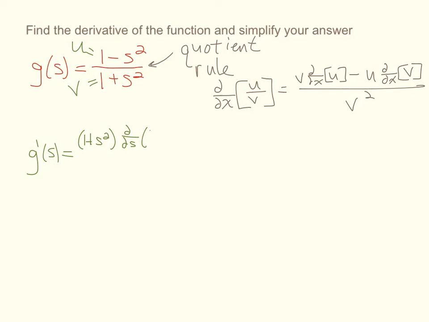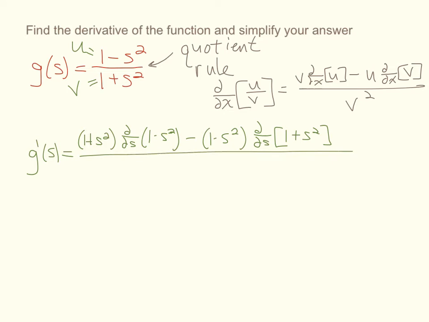So that is 1 minus s squared. From that we will subtract u, which is 1 minus s squared, and we will multiply that by the derivative of v, which is 1 plus s squared.